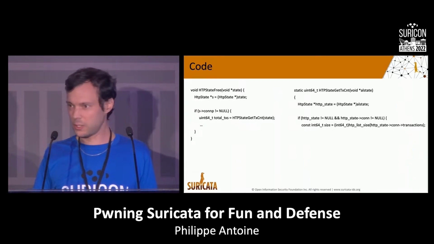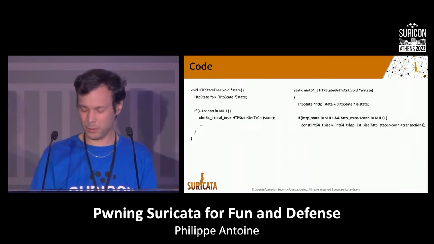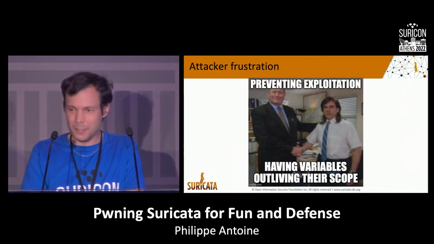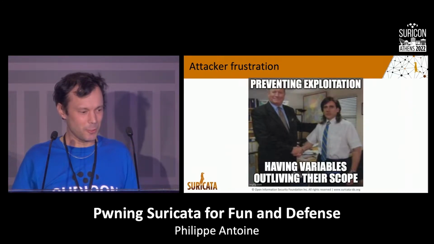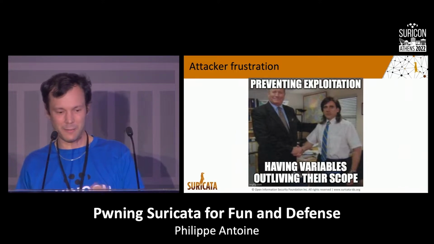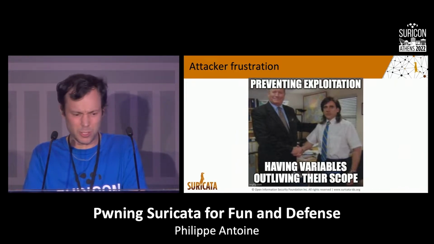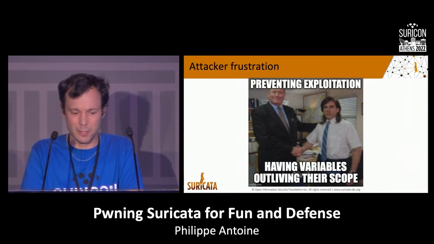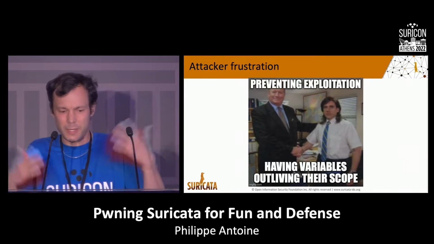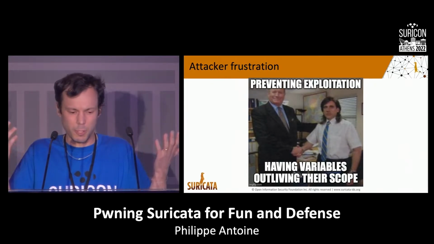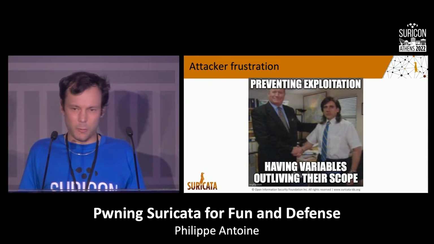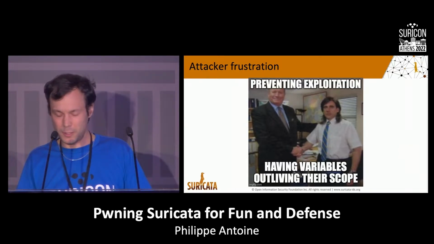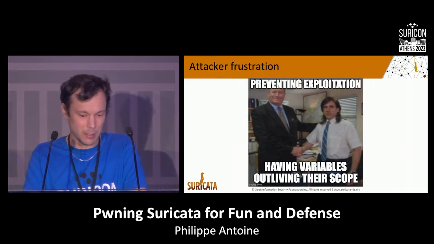And so we just segfault because at some point we cannot read the memory. So Suricata was successful to prevent exploitation by having these variables, direction and input len, that were outliving their scope. They were only useful during one call of the parse function, but they should not have remained living in the states.